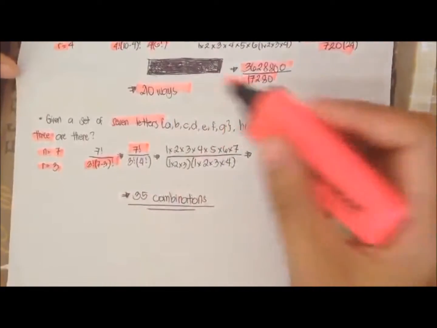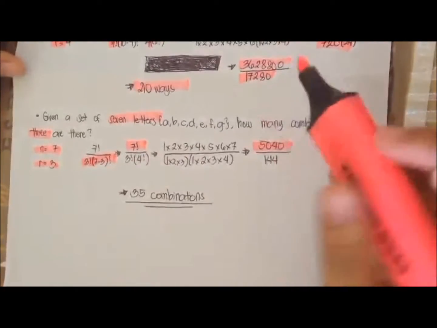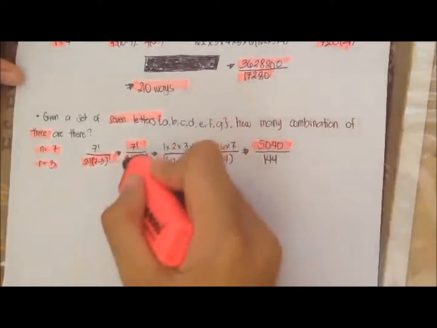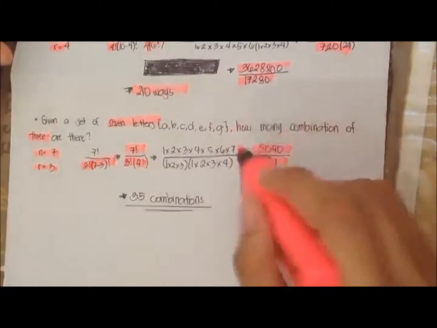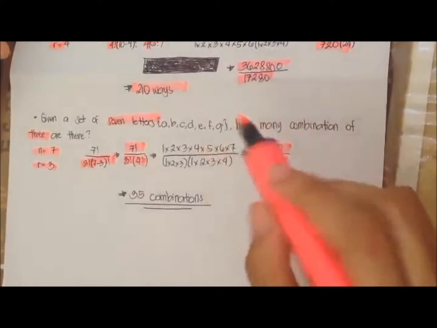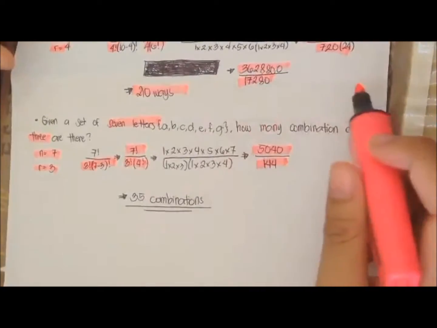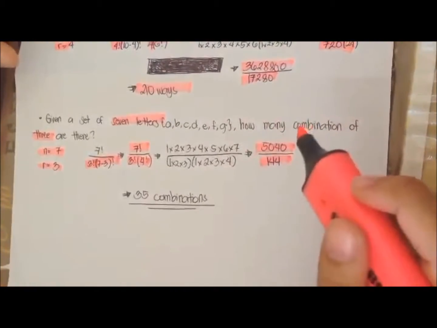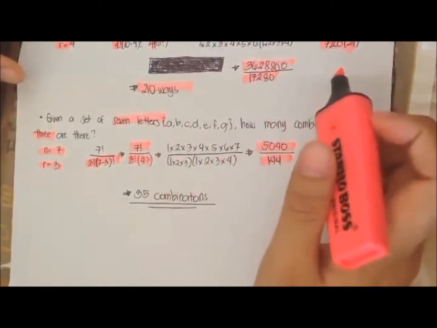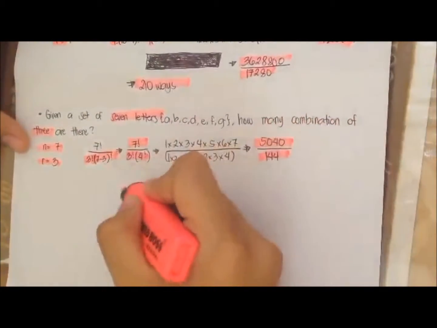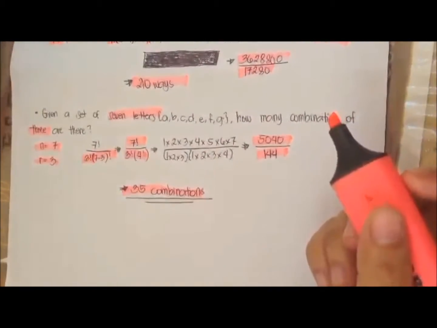The equivalent of 7 factorial is 5,040, and 3 factorial times 4 factorial is 144. Dividing 5,040 by 144 gives 35, so 35 combinations of 3 letters can be formed from 7 letters.